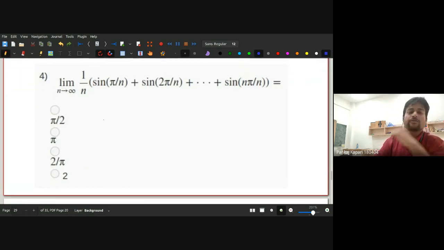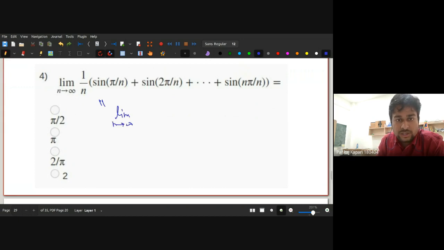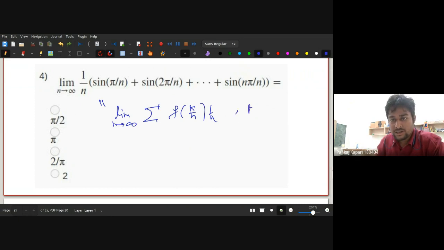Okay, so you have to find this limit. So again, it's a summation, right? You can write this as the limit n going to infinity, summation f of k by n into 1 by n, right? So where what is k by n? Okay, so k by n is nothing, but what is f of x? What is f?